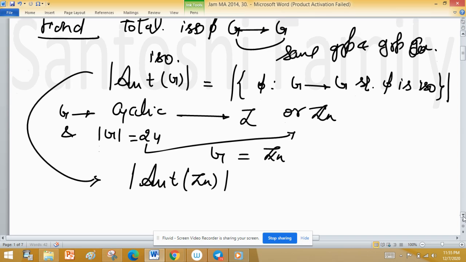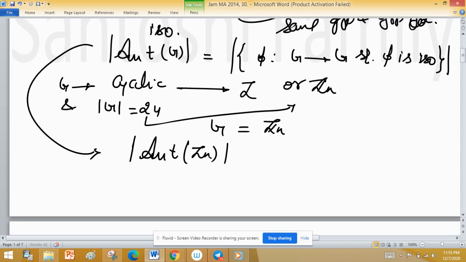And we know that the automorphism group of Zn is isomorphic to Un.